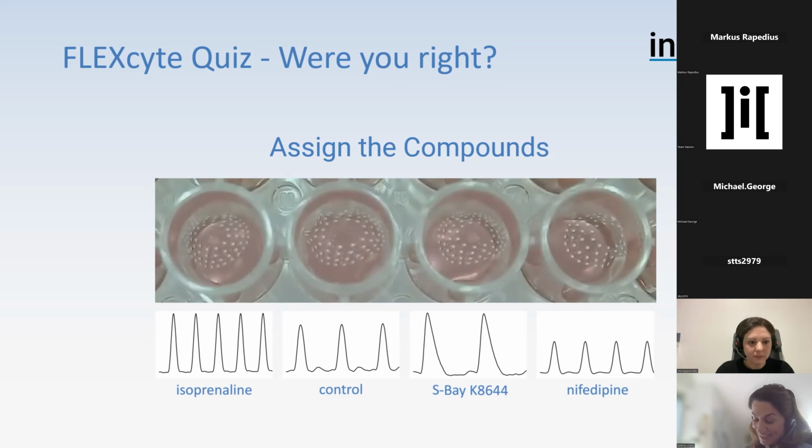Can you estimate if the layer of cells is really a monolayer in the FLEXcyte, or would you think it's more like a three-dimensional orientation of the cells? It is more monolayer, because we always do an evaluation of the cell type, no matter which one it is, and then we choose the perfect conditions where we have the right amount of cells to get a confluent monolayer, but also not get too thick.